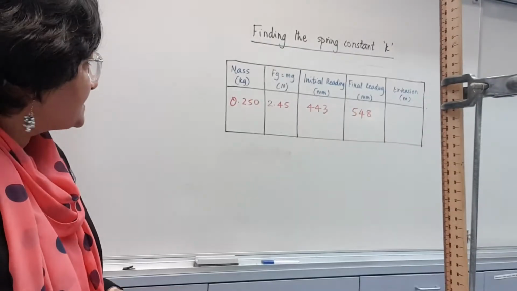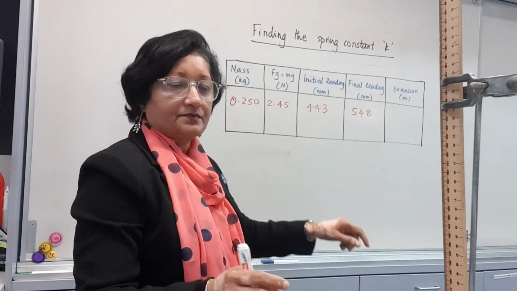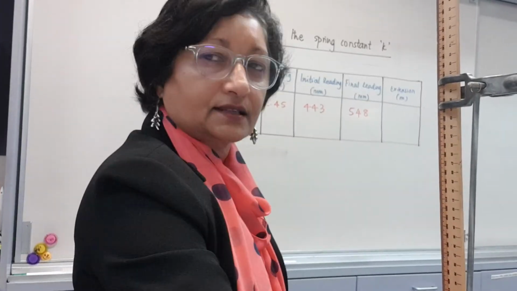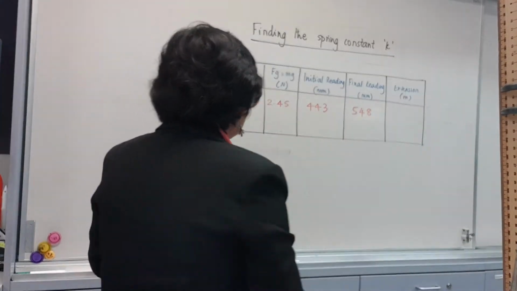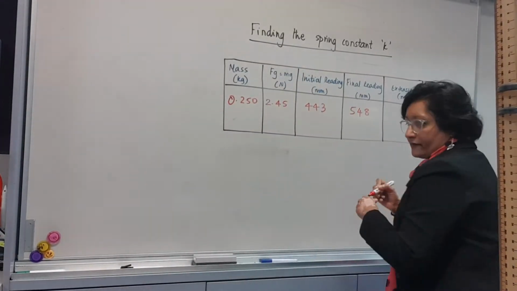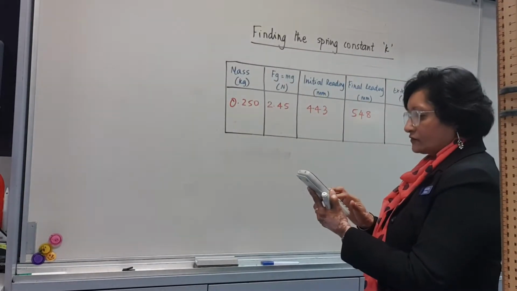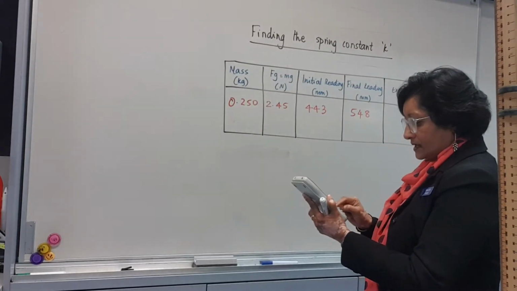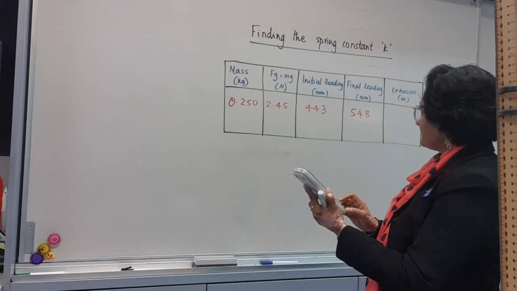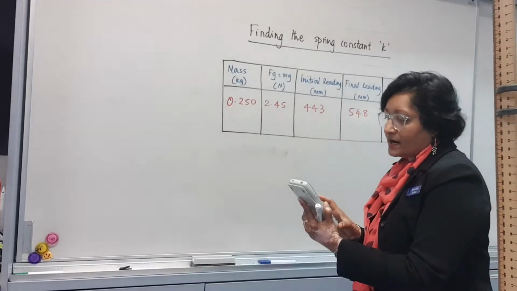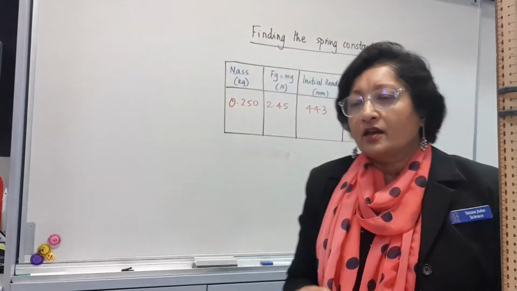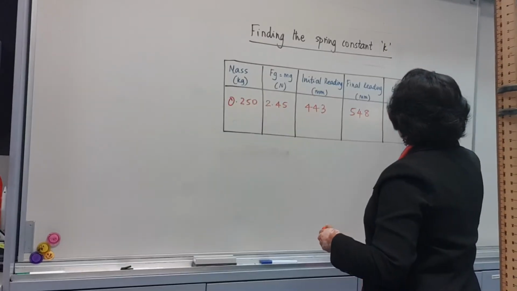So my extension is the difference between these two readings. So I just go 548 minus 443, and I get 105.